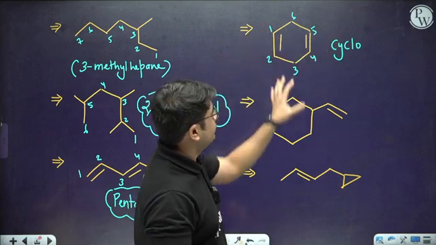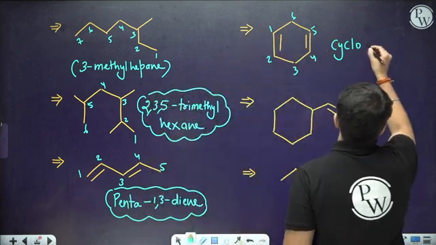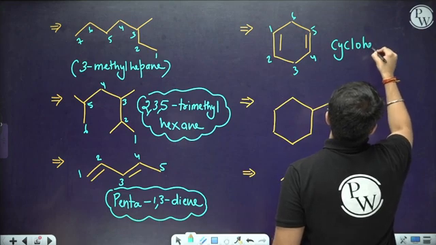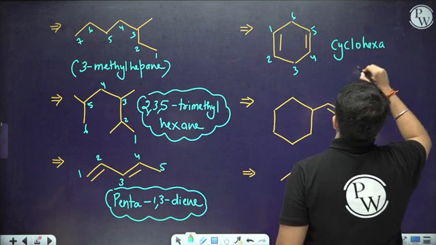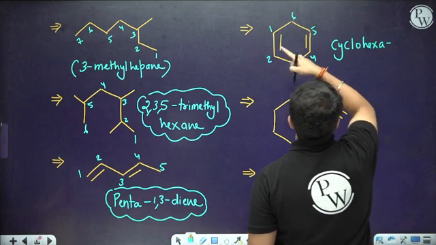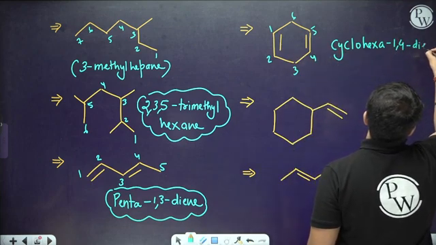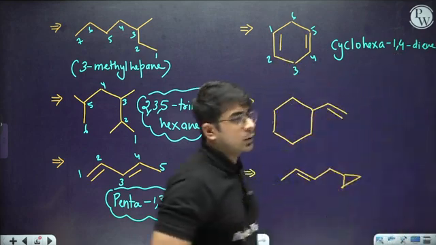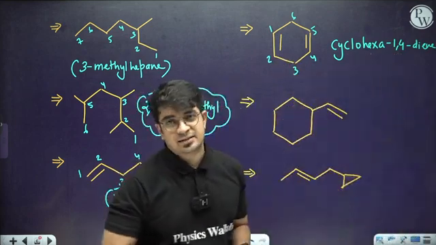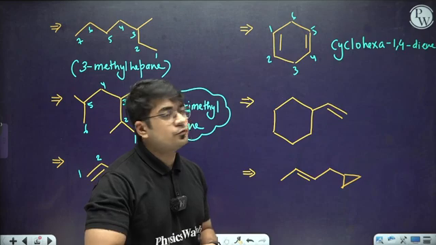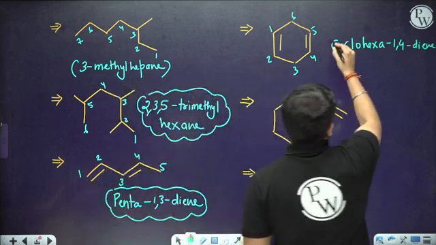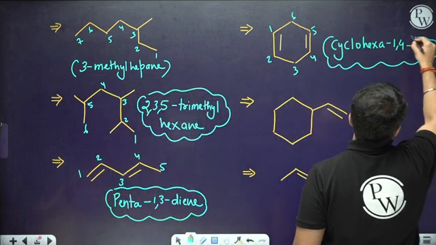So basically we have a cyclohexane type of structure. So we have cyclohexa 1 and 4, 1 comma 4 diene. We have double bond twice, so hexa, it becomes hexa. So cyclohexa 1,4-diene, that will be the name of this compound.